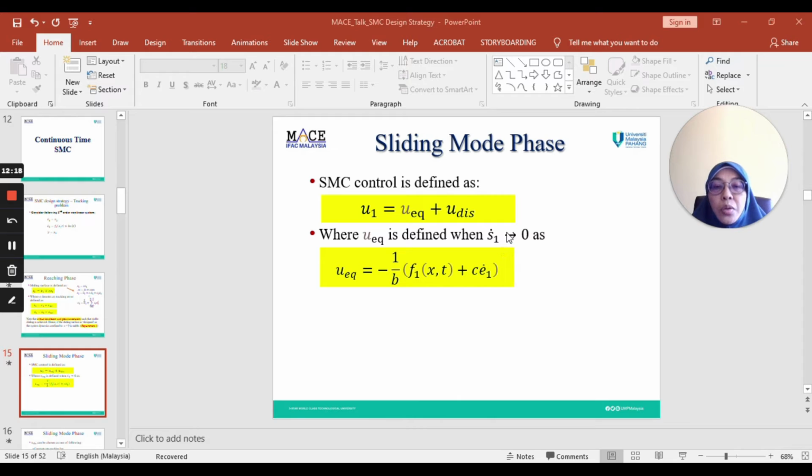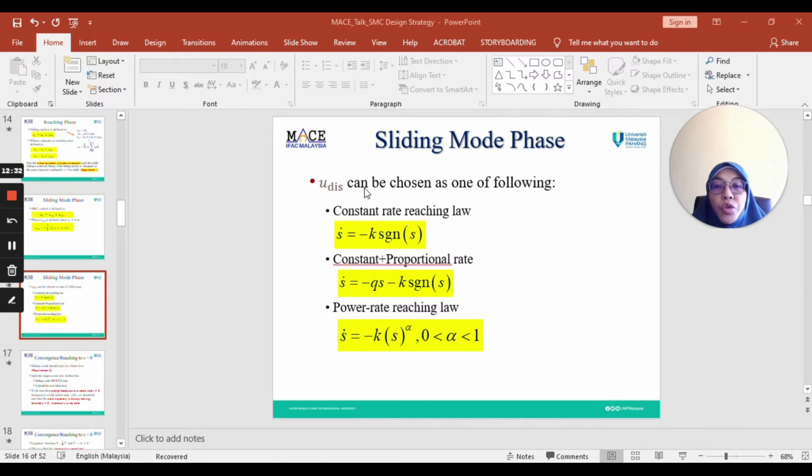When this goes to 0, we rearrange so that we have our equivalent control equal to this. Then we can define our switching control law, or discontinuous control law, by choosing one of these reaching laws: either constant rate reaching law, constant plus proportional rate, or power rate reaching law. So we can define which one we want to use.